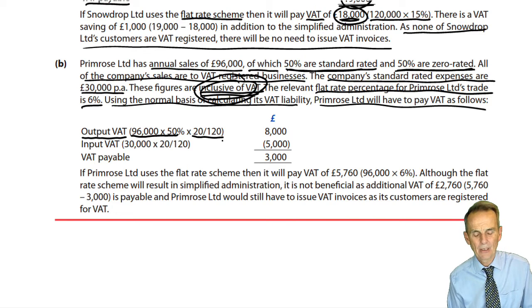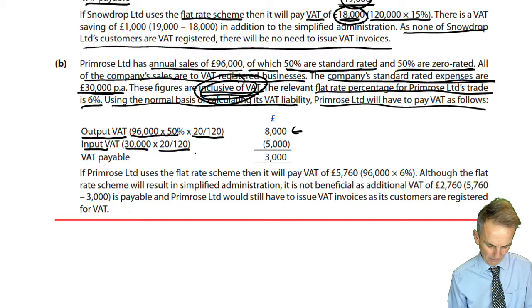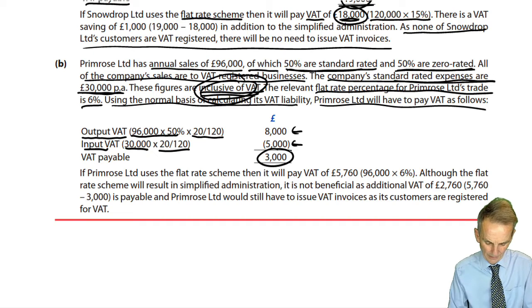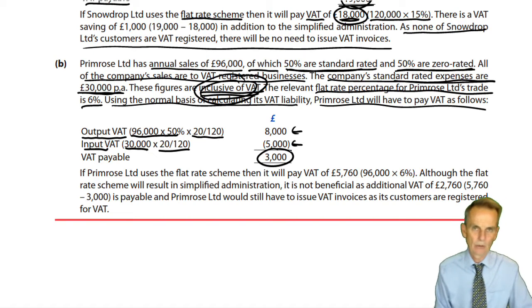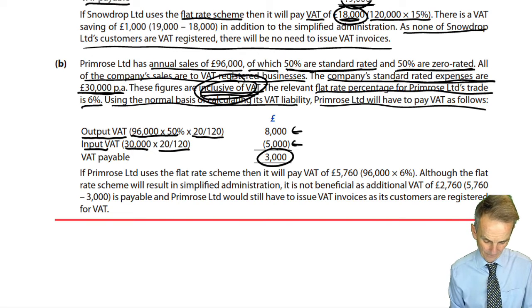So we'd have to account for output VAT of £8,000, and our standard rated expenses were 30,000. So input VAT, 30,000, VAT inclusive figure, 21/20ths we take, and that would be 5,000, giving us overall a figure of VAT payable of just £3,000 for the VAT return period involved.